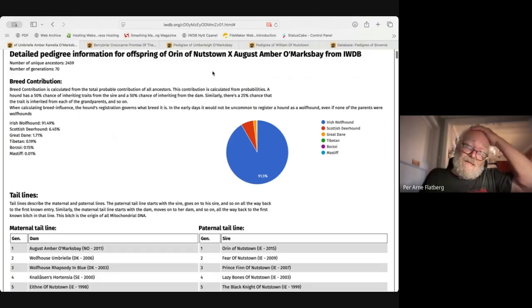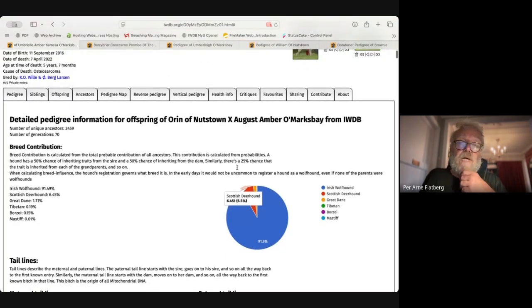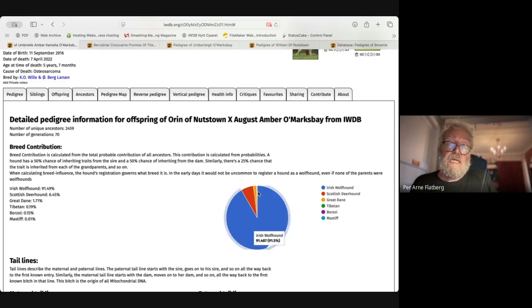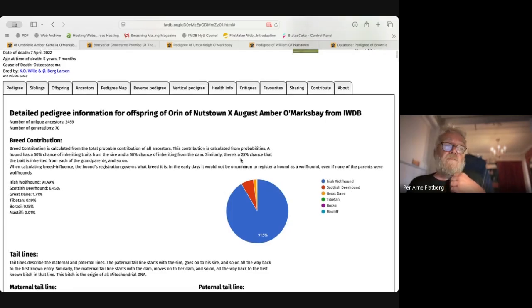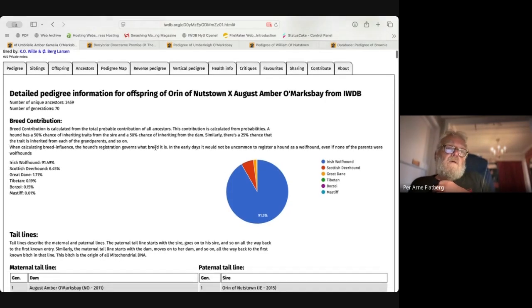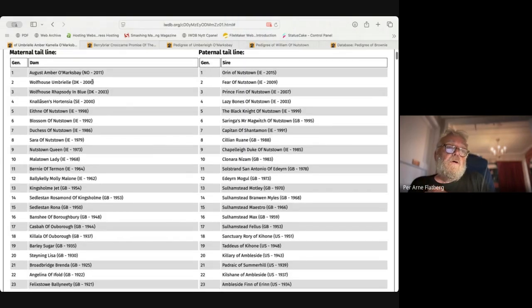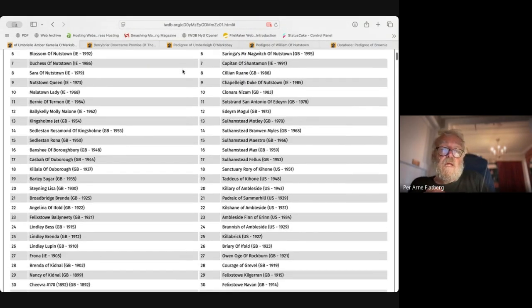First of all, at the top we have the breed contribution, and you can see for this dog, there's a theoretical contribution from Scottish Deerhound of 6.5%. And from Great Dane, 1.7%, and then Tibetan dog, 0.2%. And I can't really see the Borzoi, but it's probably there as well as the Mastiff. We also got the complete tail lines here, the maternal tail line and the paternal tail line, if you'd like to explore that.